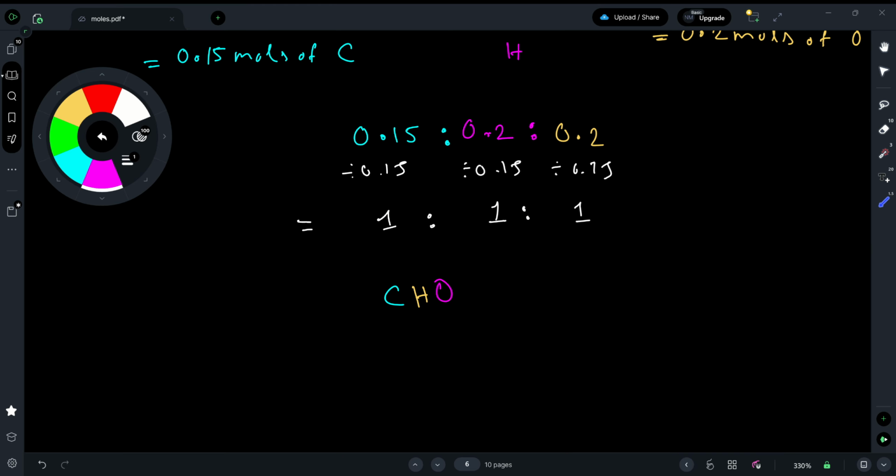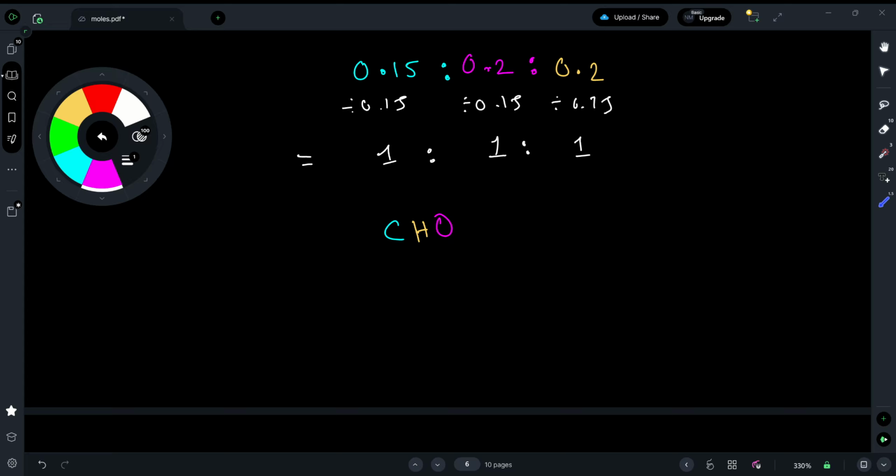So 1 is to 1 is to 1, 0.2, 0.2. Yeah, so that is fine. CHO is our empirical formula.